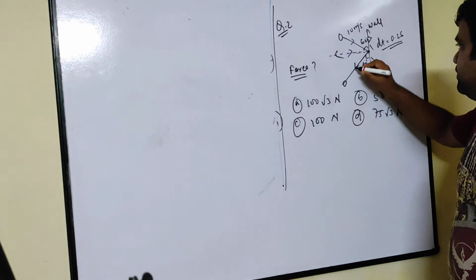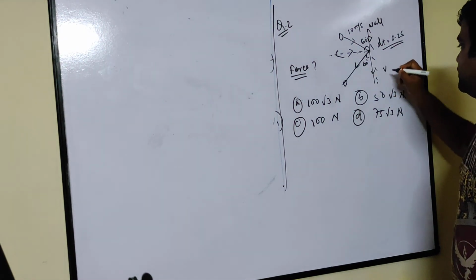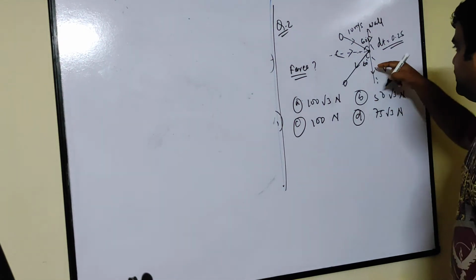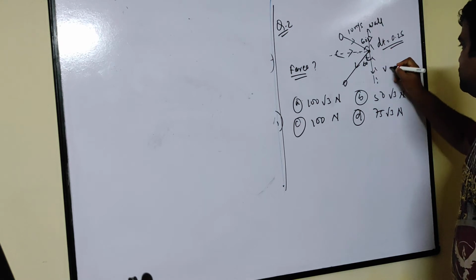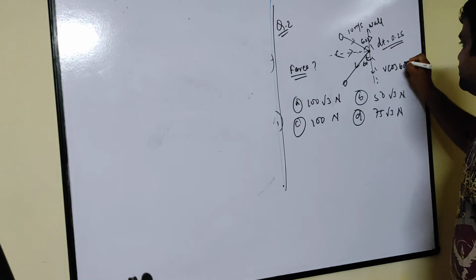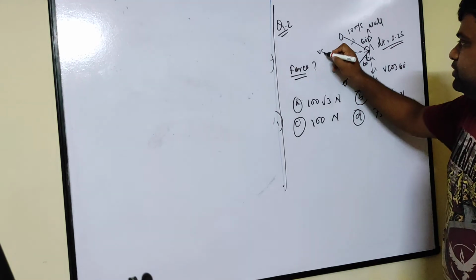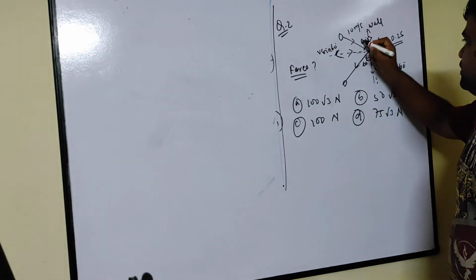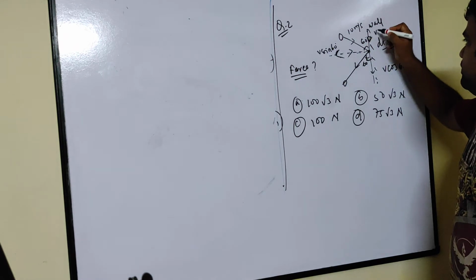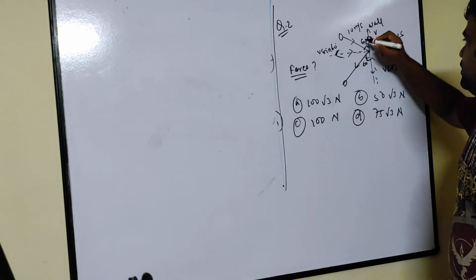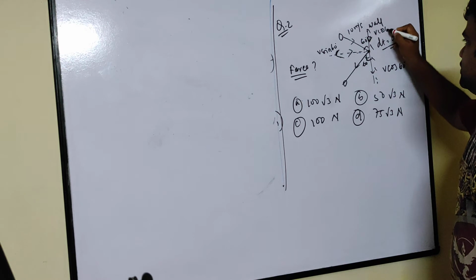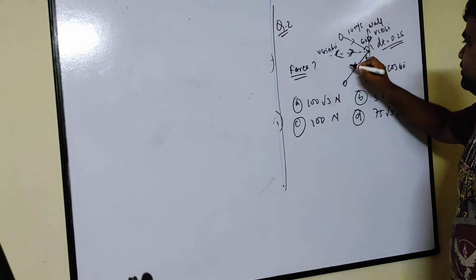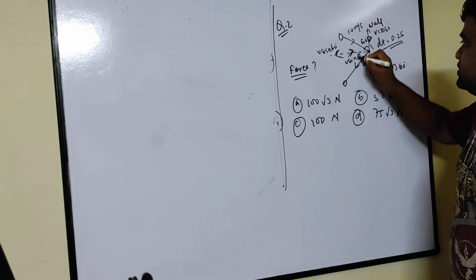Here the velocity is the same, v. On this axis it will be v cos 60, and this one will be v sin 60. Here this vector will be v cos 60, and this is again v sin 60.